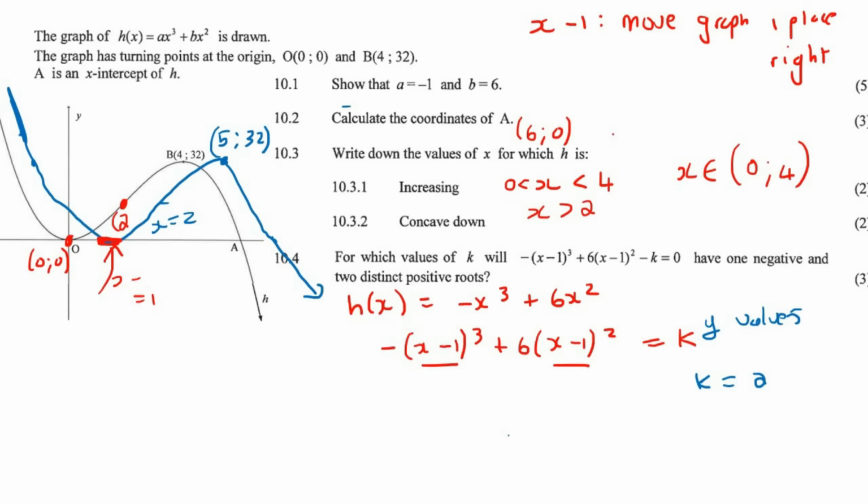So that's not distinct. So where we would want to go is in between the two turning points. Then you're going to get, well, actually, that's not true, because if we came over here, then you've got 3 negatives. Can you see that? They're all 3 negatives.